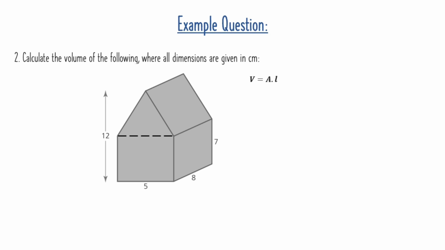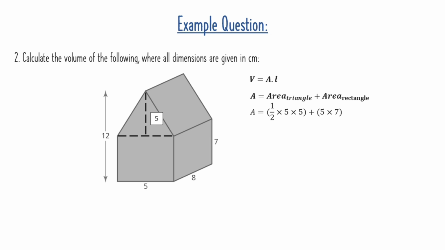The area of a triangle has the formula half times base times perpendicular height. The perpendicular height is this section over here, and this length will be the 12, that's the height of the whole prism, minus 7, and that's the height of the rectangular prism at the bottom. So the perpendicular height is then 5, and the base has length 5 as well.